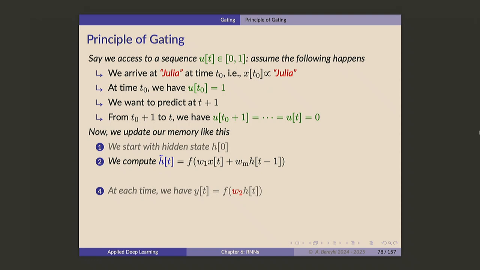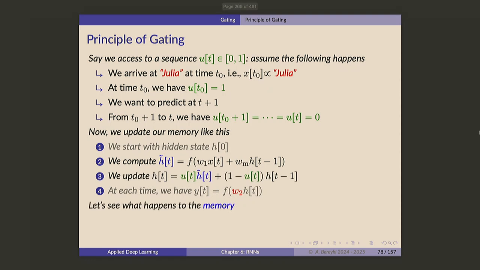I do the activation, so I compute a new hidden state, but I do not really update my hidden state immediately like that. I'm going to get this raw hidden state that I computed, h tilde, and multiply it with u, that number between 0 and 1. And then I do a moving average with the previous h t minus 1 that I had.